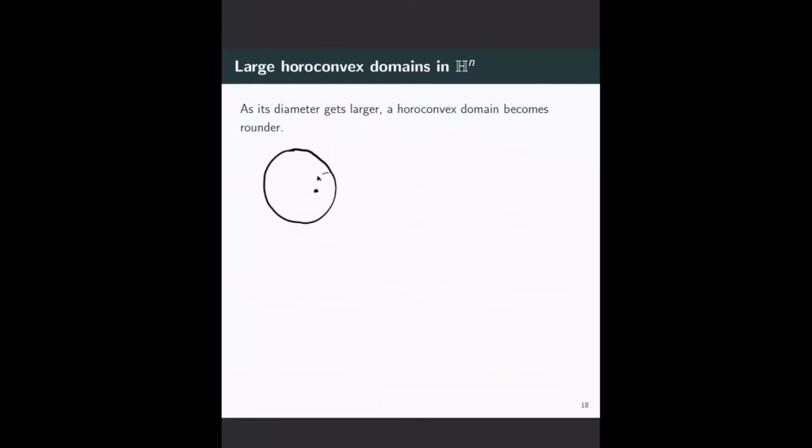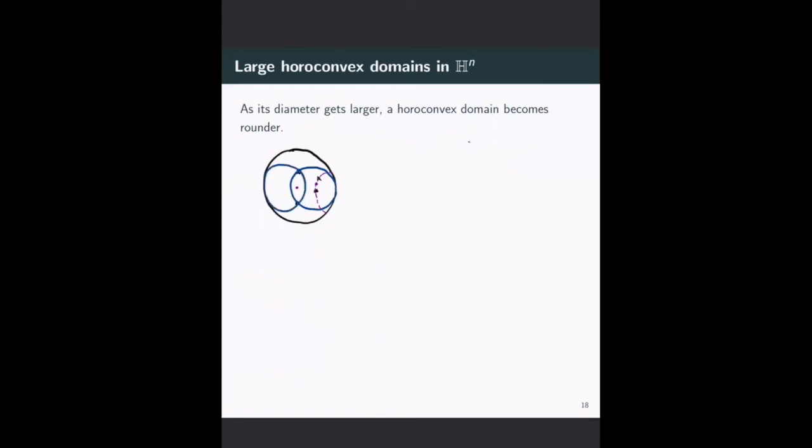You take the geodesic that connects the 2 points, take the midpoint, and you can send the midpoint here to the origin while keeping the circle at the boundary. So this becomes here, and these would be up and down. So any 2 points can be sent to these. Now, what are the horocycles? Horocycle is this guy, and it's this guy.